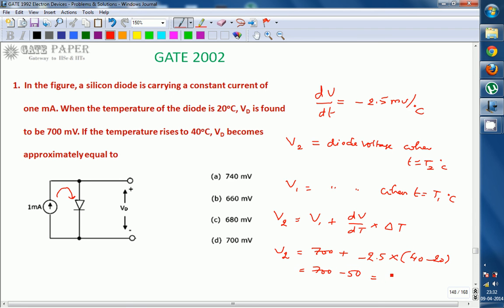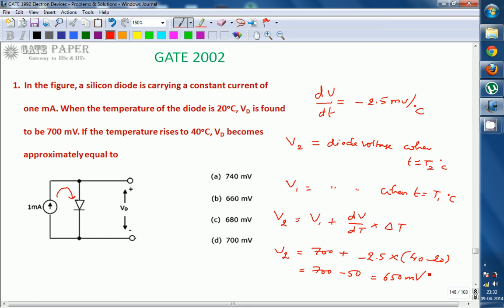So it will be 700 minus 50, which is around 650 millivolts. So the voltage across the forward bias diode will be about 650 millivolts if the temperature increases from 20 to 40 degrees centigrade.